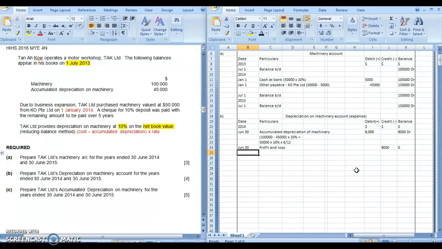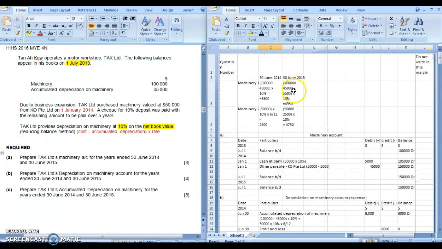Having said that, now we're going to move on to the next financial year. The same particulars will take place, but this time around the workings are different. We're going to use this set of workings.